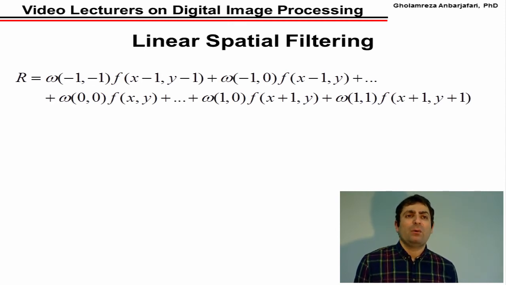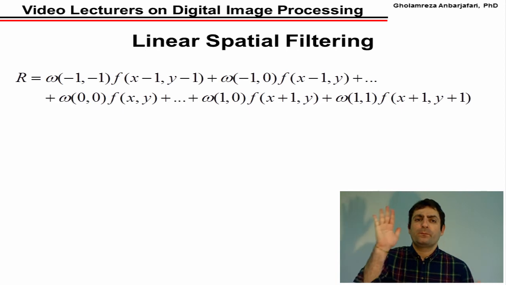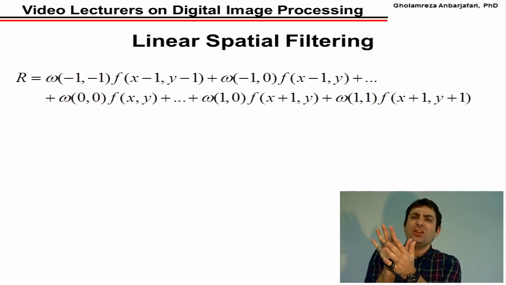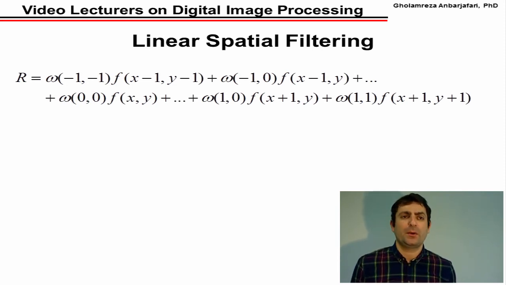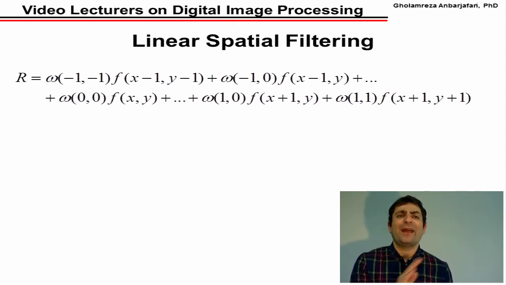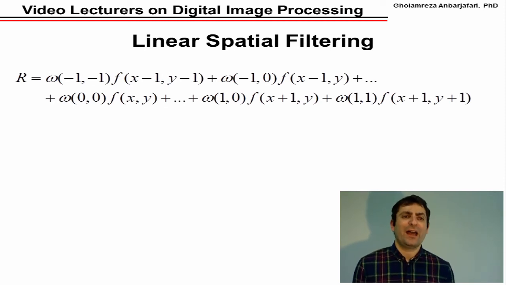And then what we were doing, we were multiplying each coefficient with the corresponding pixel values in the neighborhood that we have. Here in this slide, you can see what we mean by corresponding pixel values. So each weight will be multiplied by the corresponding pixel value and it will be added up. And the result, the new pixel value, is calculated in that form.